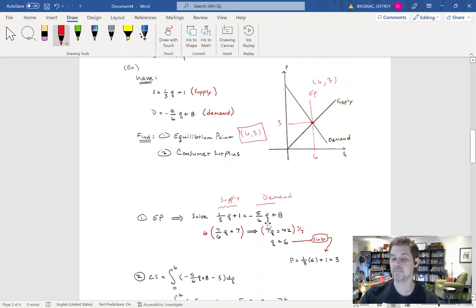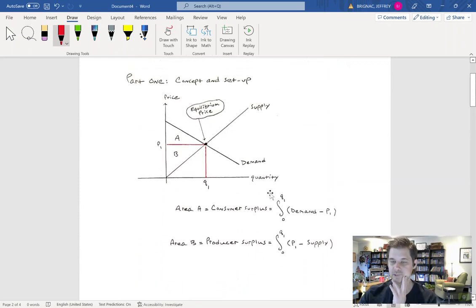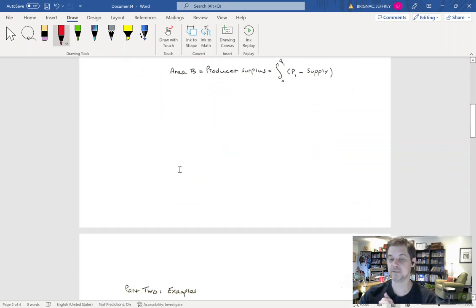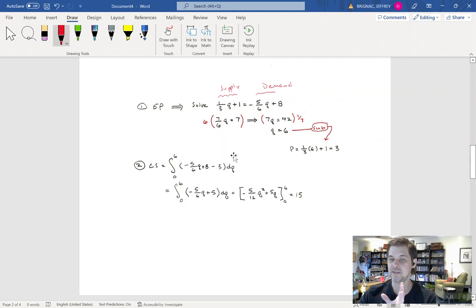How would we do that? Well, let's go back up to the first page in the notes. Consumer surplus is a definite integral from 0 to q1, q1 being the equilibrium quantity, of the demand curve minus p1, where p1 is the equilibrium price. Take that exact formula and you see it here.